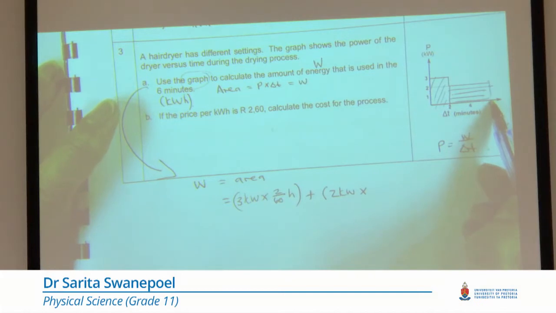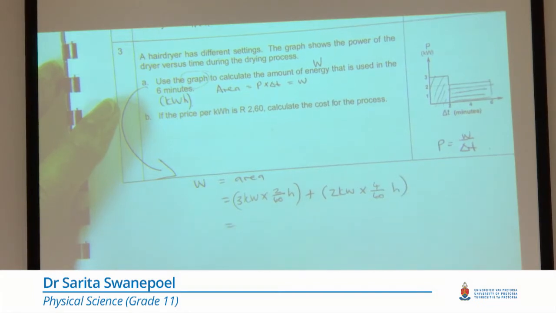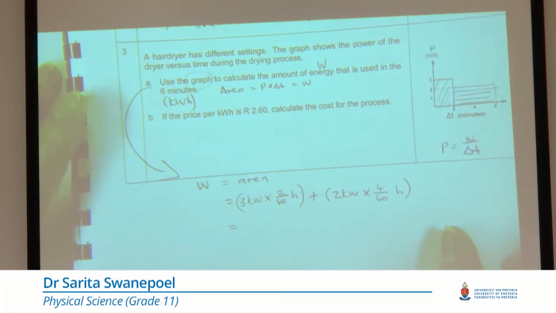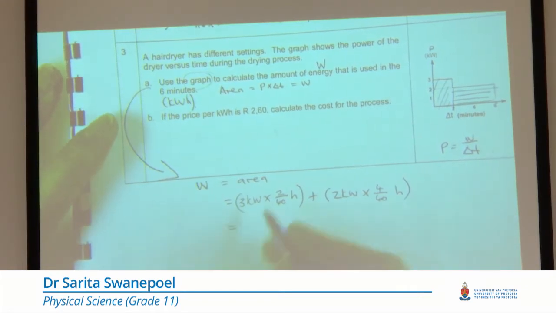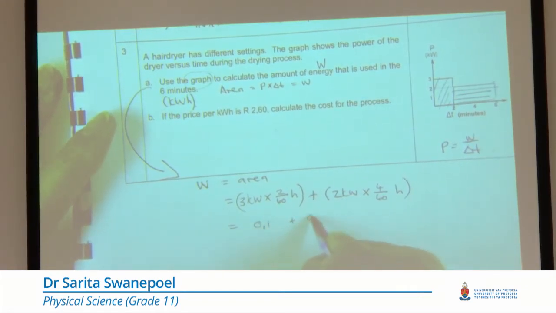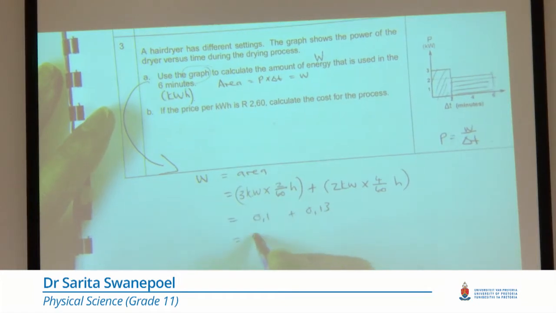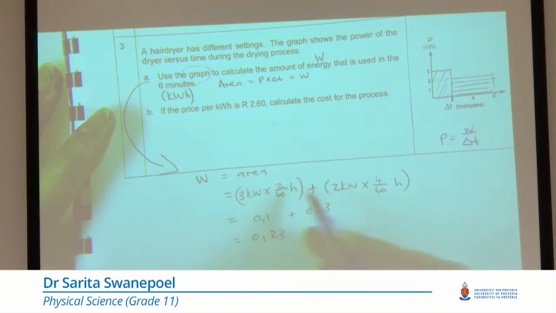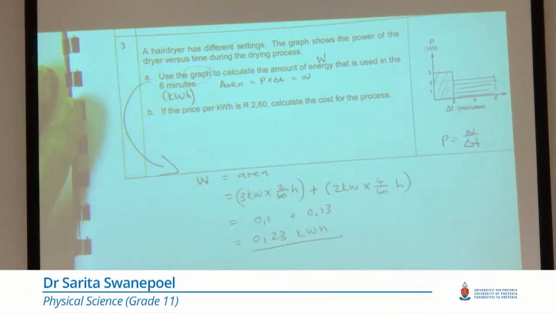How do I get that to hours? Divide by 60, and then I have it in hours. So you have to have the units right if you're working in kilowatt hours. So this gives 0.1 and that gives 0.13, altogether 0.23, and now kilowatt times hours, nicely kilowatt hours.